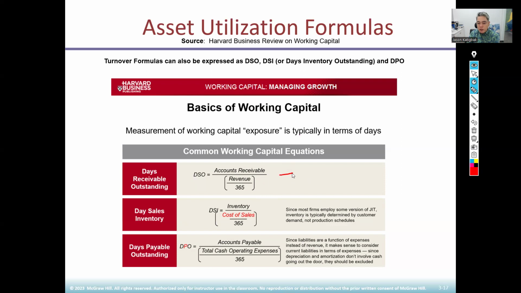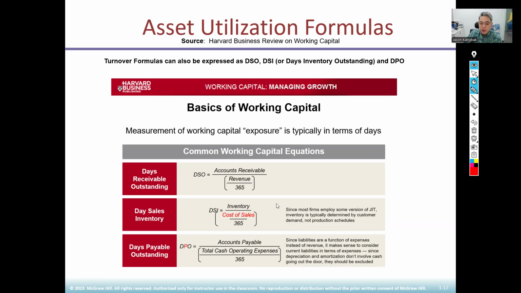If it's closest to your normal credit term, which is 30, then the better it is. But if this one shows 120, for example, it means that on an average, you collect all your credit sales after 120 days. Not a good thing.